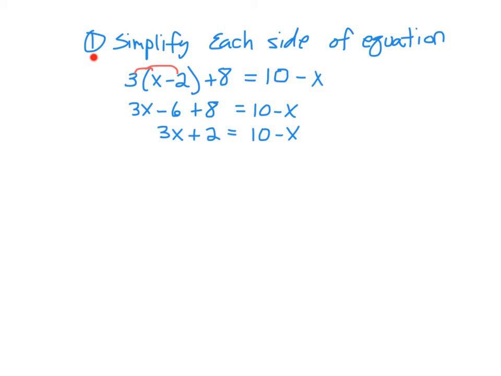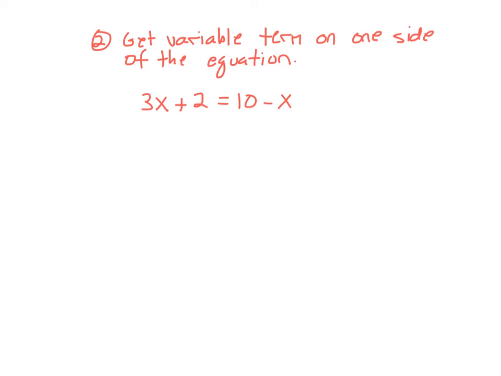That's all step 1. Now I move to step 2. All right, so I've got step 2 written out here after what we did on the last page. Step 2 says, get the variable term on one side of the equation. Well, I've got an x here, that's a variable term, and I have a 3x here, that's a variable term.